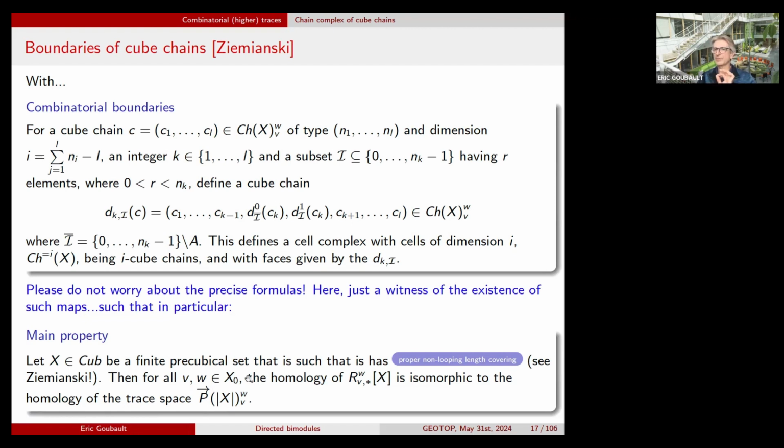So that's a very important step towards understanding and classifying the directed space, of course.